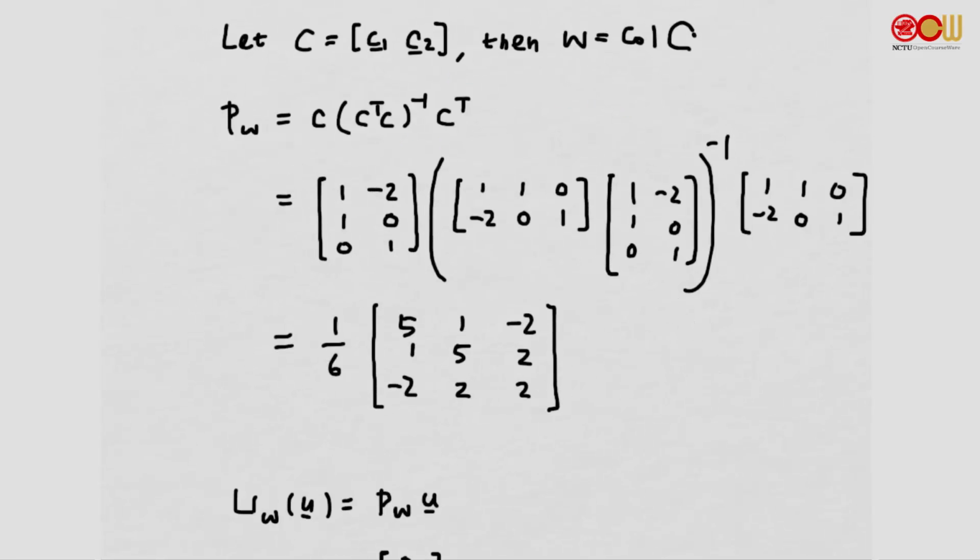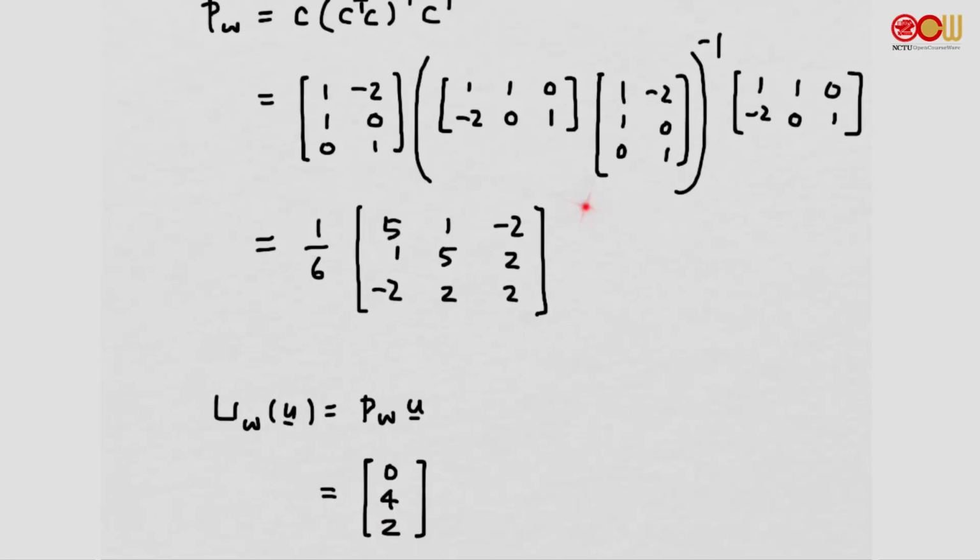Having obtained the orthogonal projection matrix, it becomes very easy to compute the orthogonal projection of an arbitrary vector u as the matrix-vector product P_W u. Plugging in this matrix P_W and the u vector, we get the result (0, 4, 2).